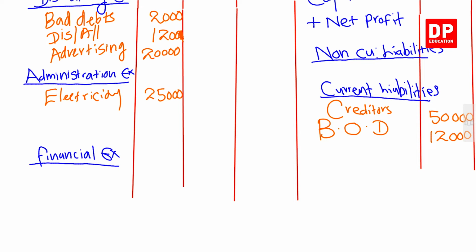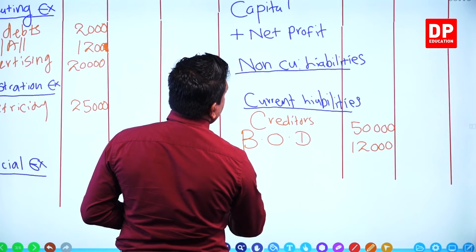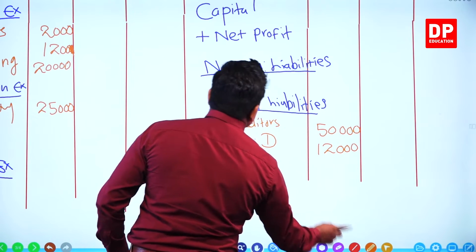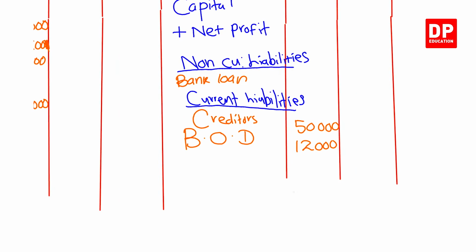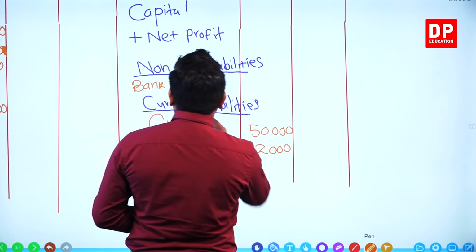Bank loan 100,000, non-current liability. It goes to the corner because only one is there.